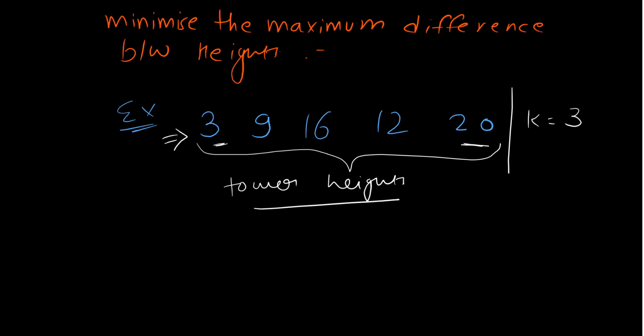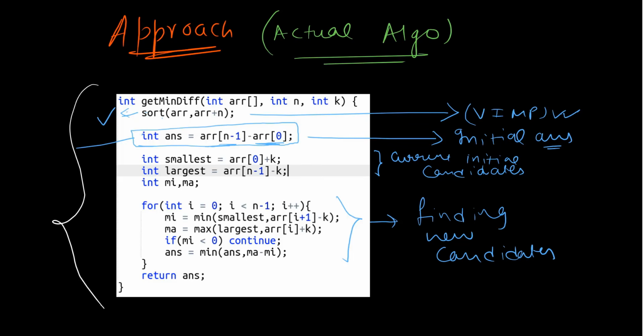If we have not performed any operation, then 20 minus 3, that is 17, is the maximum difference currently. So we will store it in a variable called answer. This is going to return our answer. We will change this accordingly.